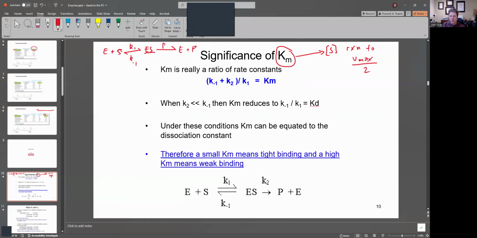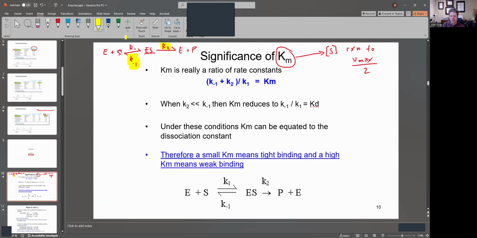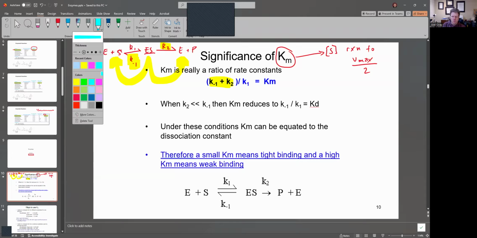K sub 2 is ES going to E plus P. So our Km is effectively a combination of the rate constants that lead to the breakdown of ES, either from ES to E plus S or ES to E plus P, divided by the rate constant for the formation of ES.